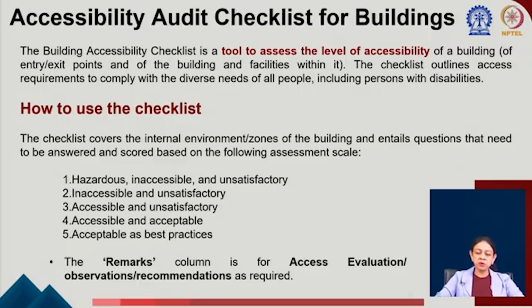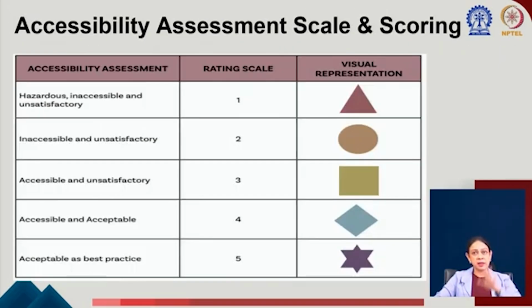So let us see how to use the checklist. Whenever you do the assessment, this is the rating scale adopted again from the harmonized guidelines. It is a 5-point scale. Take any building component, say the entry door to a classroom.